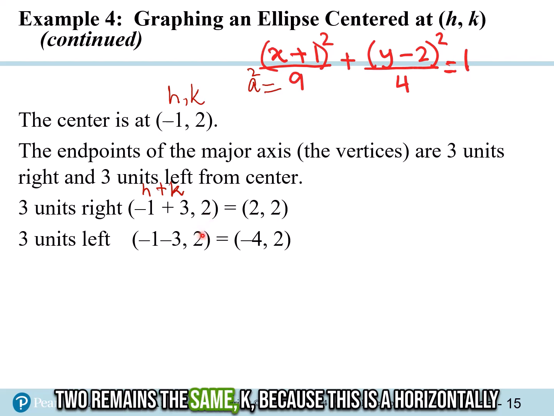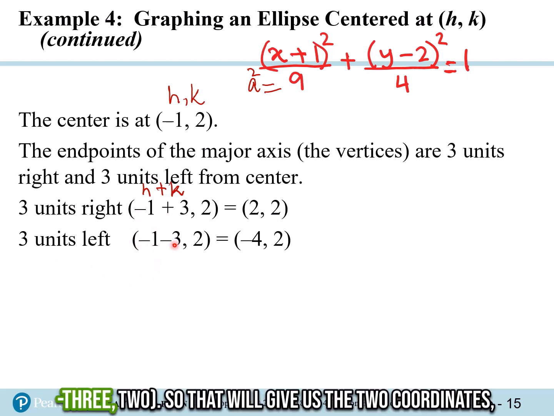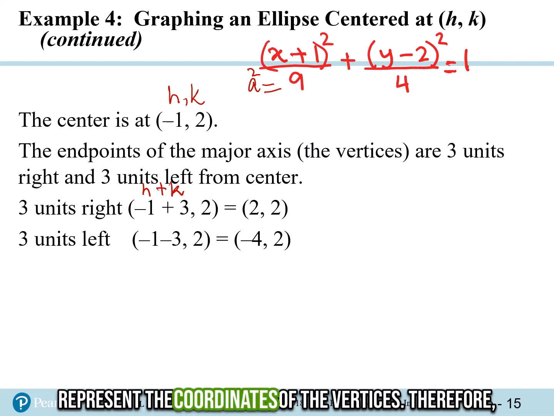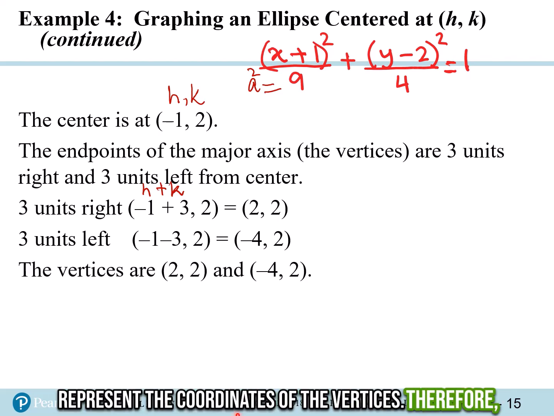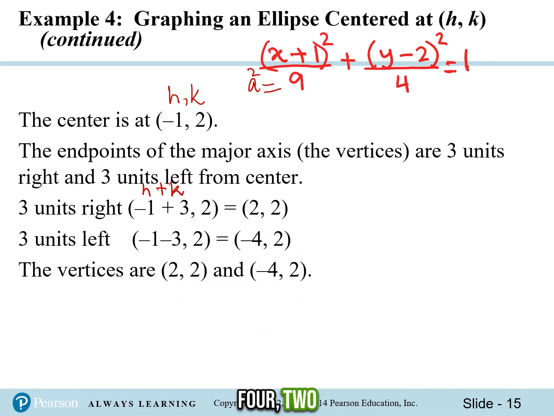The 2 remains the same, k, because this is a horizontally positioned ellipse. And on the left-hand side, it'll be -1 - 3, comma 2. So that will give us the two coordinates, (2, 2) and (-4, 2), to represent the coordinates of the vertices. Therefore, the vertices are located at (2, 2) and (-4, 2).